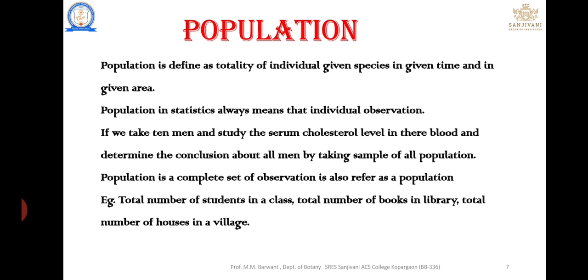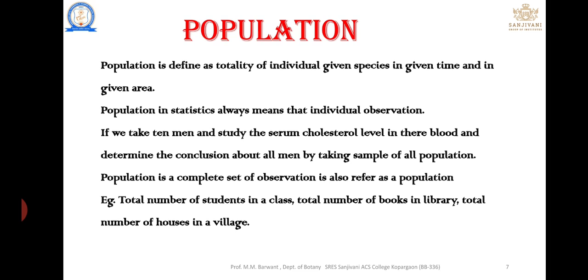If we take 10 men, study the serum cholesterol level in their blood and determine a conclusion about all men, the sample is taken from the population. A complete set of observations is also referred to as a population. For example, the total number of students in a class, the total number of books in a library, the total number of houses in a village.